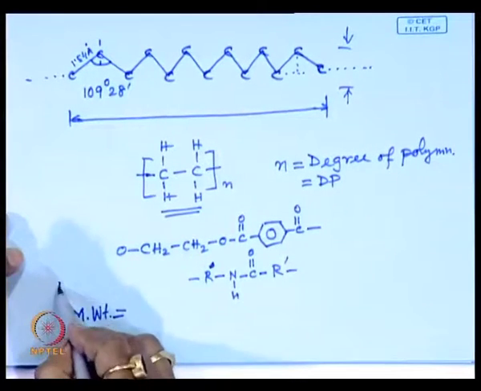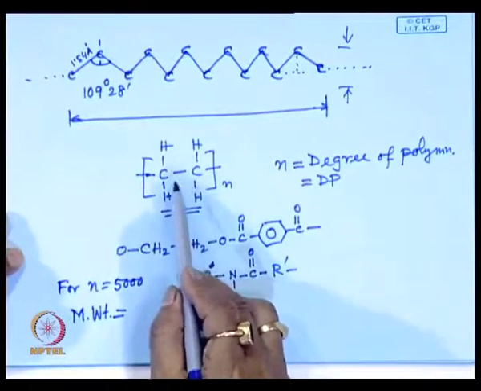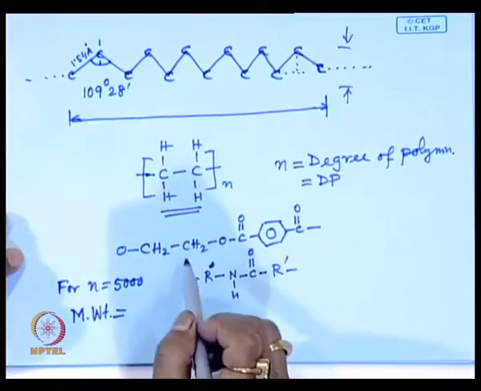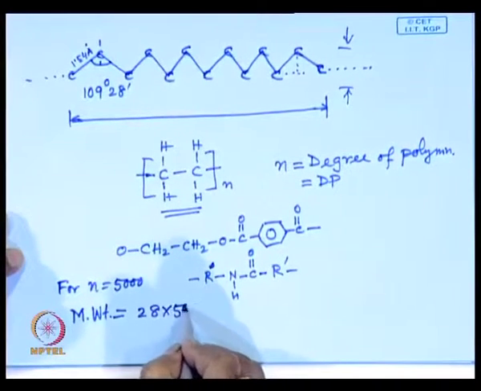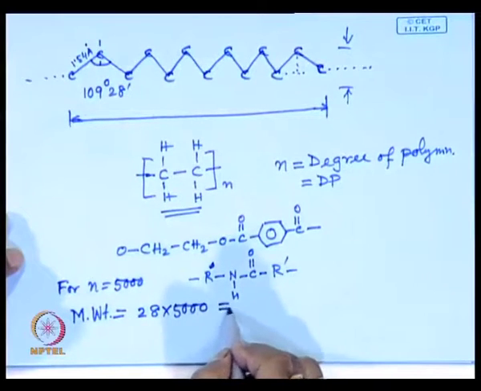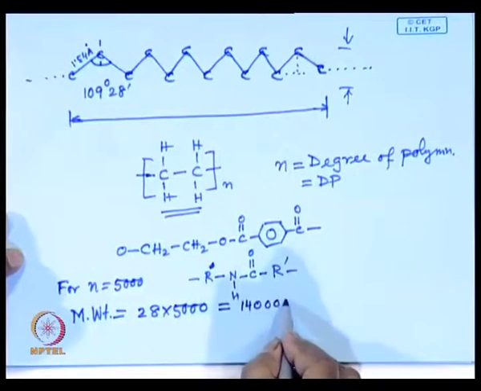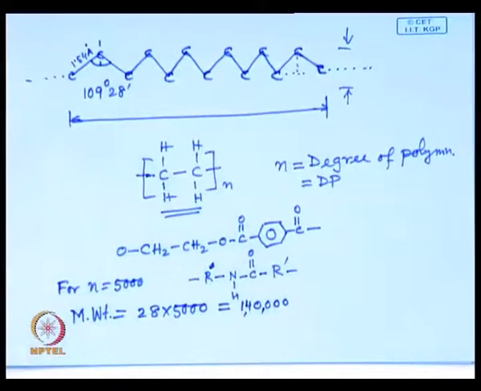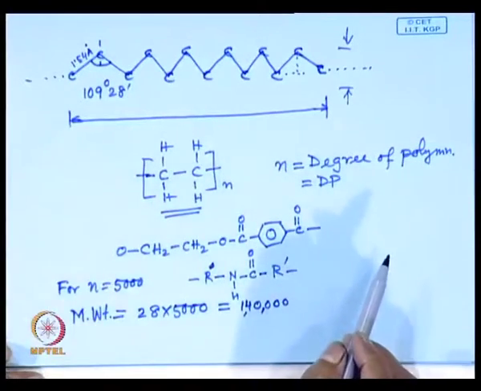Suppose n is equal to say 5000, from the mass of carbon and hydrogen you can write it is 28 into 5000. So, this is 1 lakh or 140 kilodalton molecular weight. So, this is the repeat unit, repeating along the backbone chain.